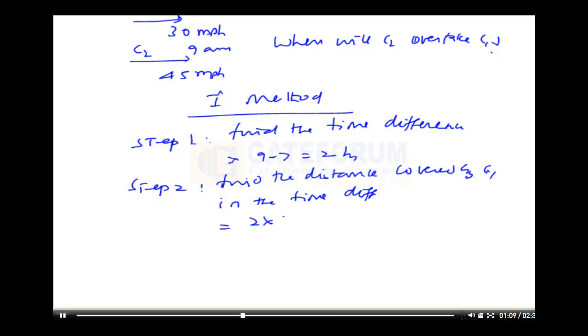So it's traveling for 2 hours at 30, you would have covered 60 miles. So at 9 o'clock, the situation is C1 is ahead of C2 by how much? 60 miles. C1 is moving at 30 and C2 is chasing at 45.